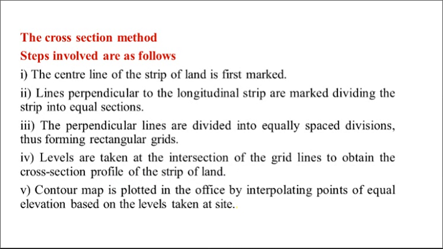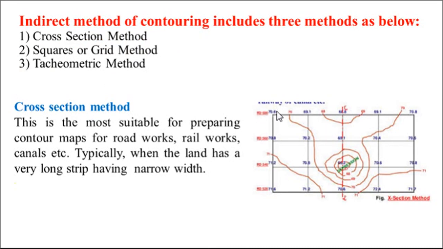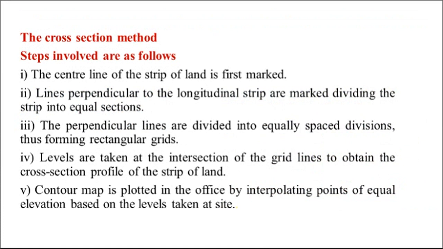So see, whatever these corners of each rectangle are there, at each of these points we have to hold the staff, and from a particular instrument station we have to take the reading on all these points. Whatever the corner points are there, on all those corner points we have to take the readings. Levels are taken at the intersection of the grid lines to obtain the cross-section profile of the strip of the land.